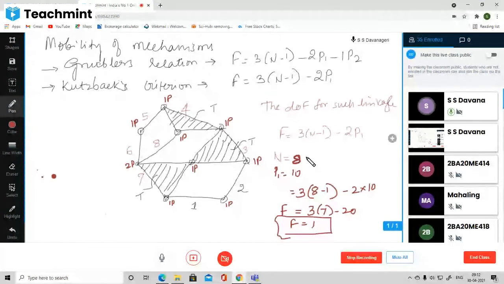Okay. So what it shows is that the number of ternary or quaternary links in a chain can be reduced by providing double joints also.